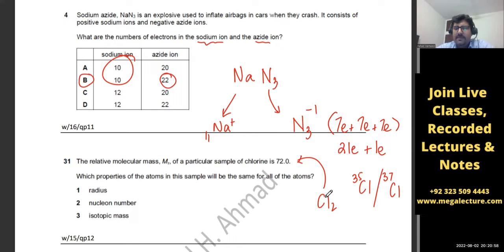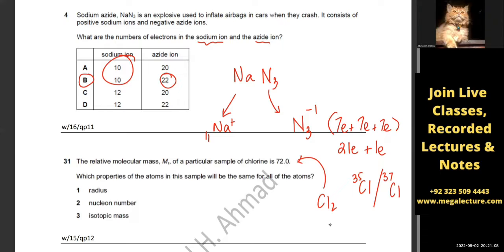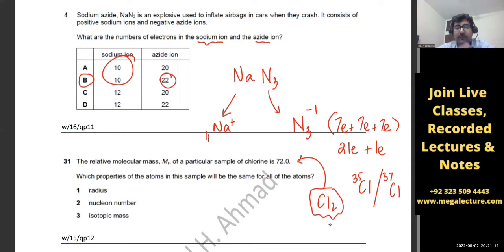Which chlorine isotopes are in it? Are both of them 35, or both of them 37, or one is 35 and the other is 37? So the only way you can get 72 is that you have both isotopes. One is 35 and one of them is 37. They're bonded together.